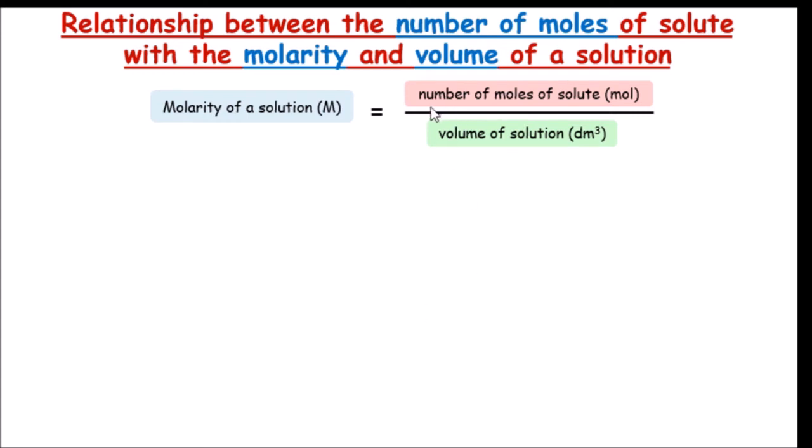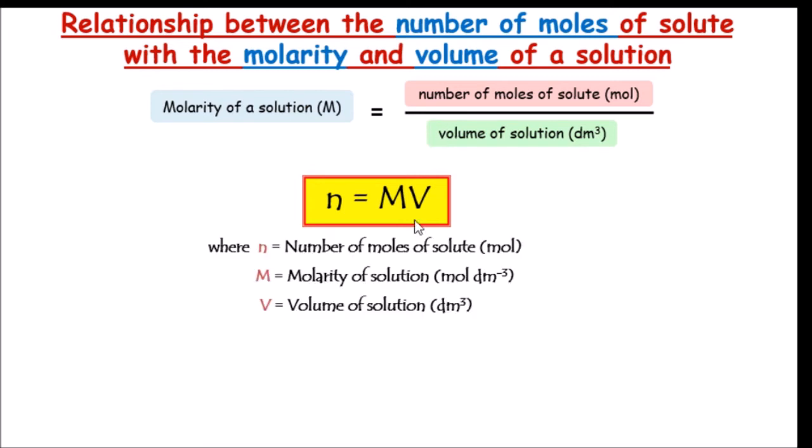If you want to find the number of moles of the solute, you need to use the formula molarity times volume, because this volume you move to the left hand side. So you will get the formula: number of moles of the solute is equal to molarity times the volume, and n is equal to number of moles of the solute.